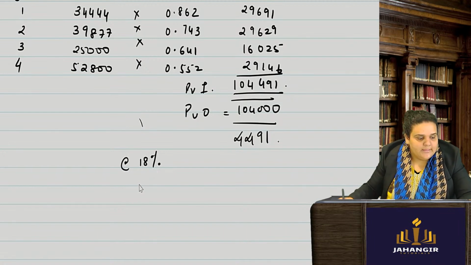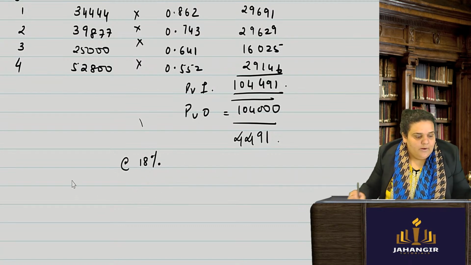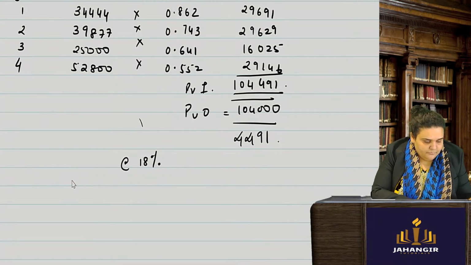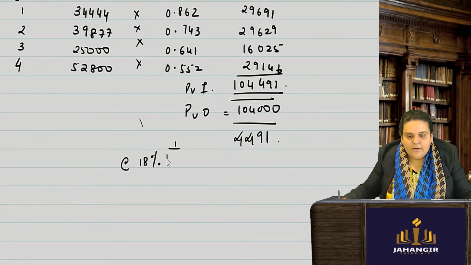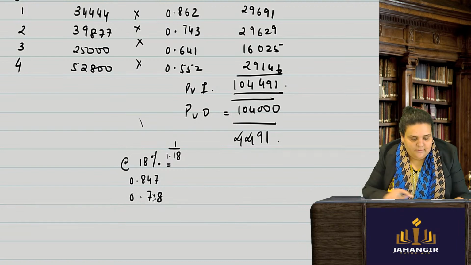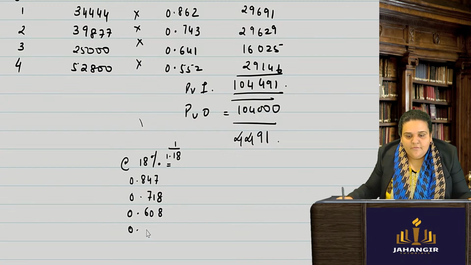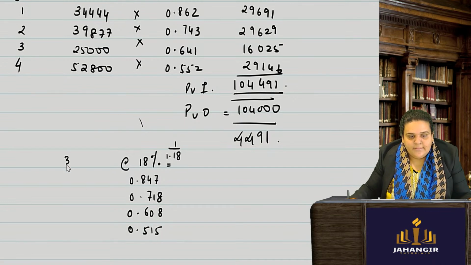At the rate of 18%, 1 divided by 1.18, you have to do it for 4 years. I'm getting 0.847, 0.718, 0.608 and 0.515.